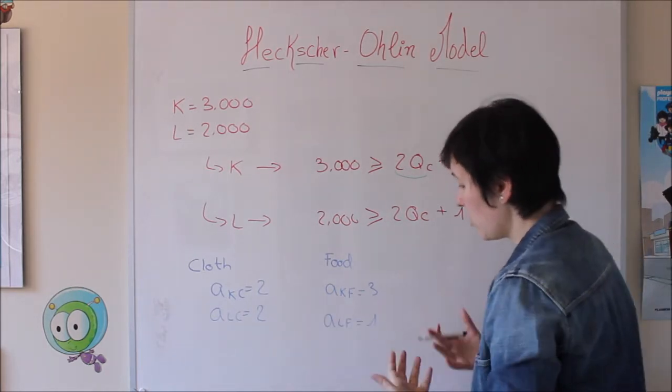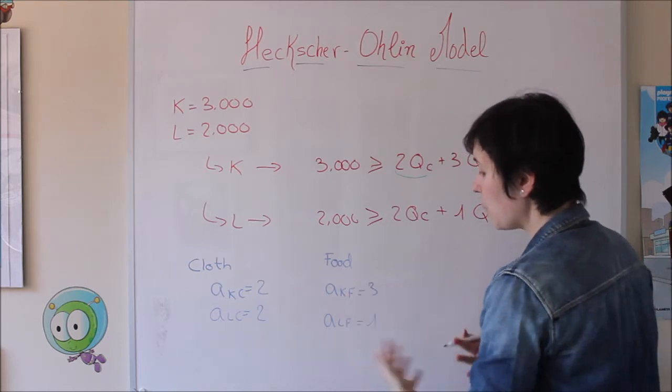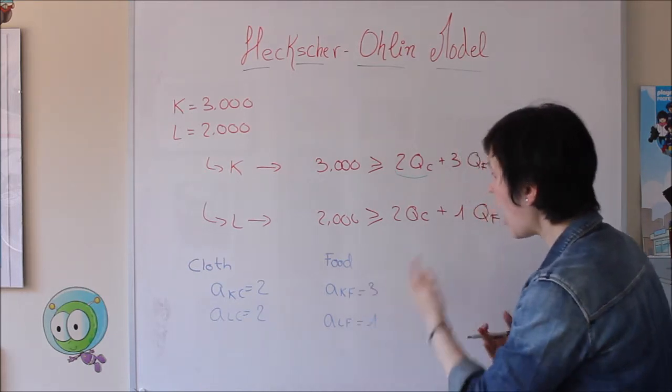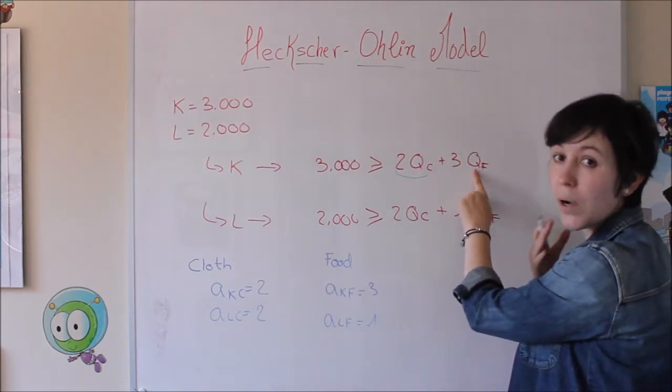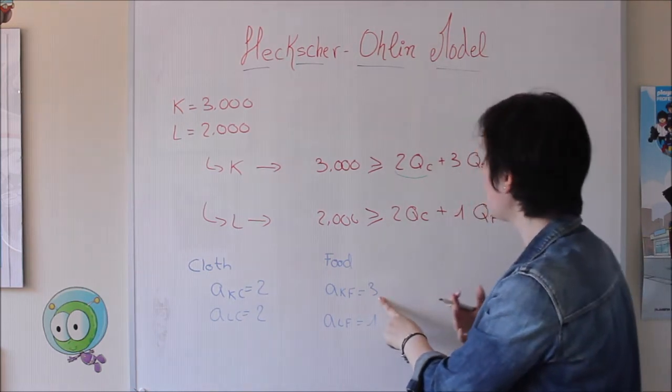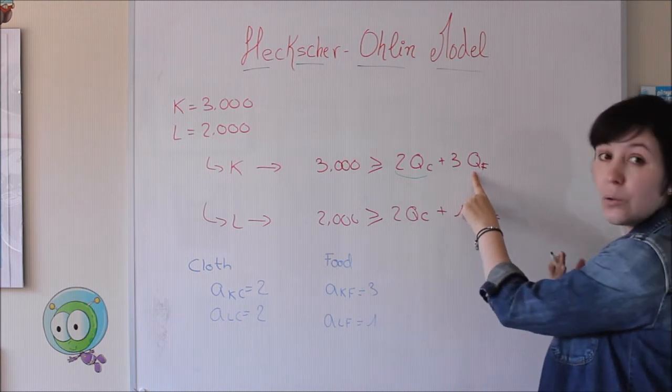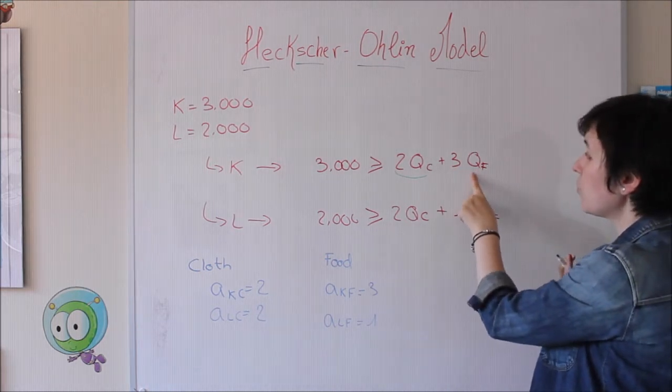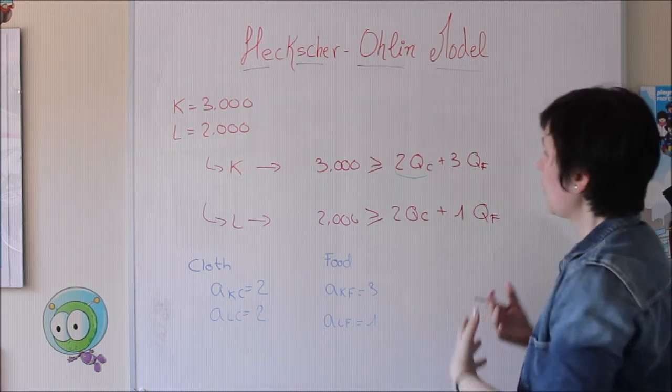Also, we know that we are going to use capital in the food industry, more specifically for each unit of food produced, we are going to use 3 units of capital. So if I just produce 1 unit of food, I'm going to use 3 units of capital.